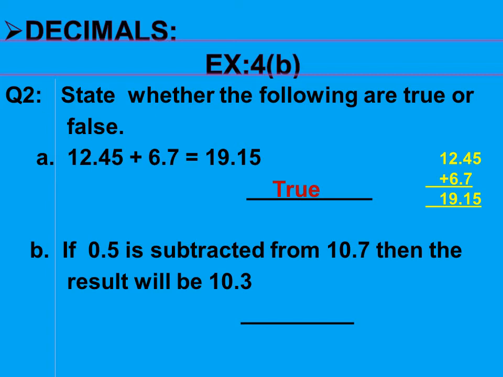This means that first we will write 10.7 and then we will subtract 0.5 from it. Okay, now let's check what will be the answer when we subtract. Yes, dear students, when we subtract 0.5 from 10.7, we will get the answer 10.3, which is different from the answer given in the statement. So we can say that the statement is false.